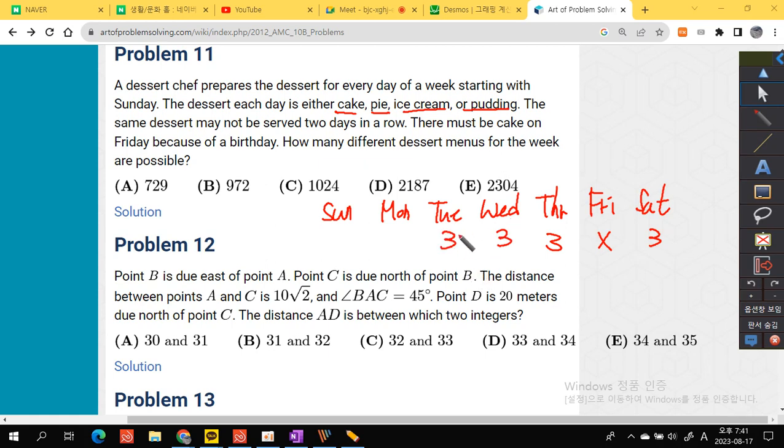So the three keeps coming. So the total number of cases is 3 to the 6th power. So from the choices, which number is equal to 3 to the 6th power? 729. Yep.